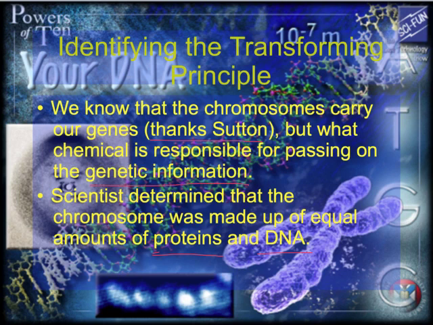So therefore, we look at the chromosomes and say, what are the chromosomes made out of? Well, they're made out of equal parts protein and DNA. Most scientists believed that one of the two had to be the genetic code, but which one is it? That's what we're going to look at next.